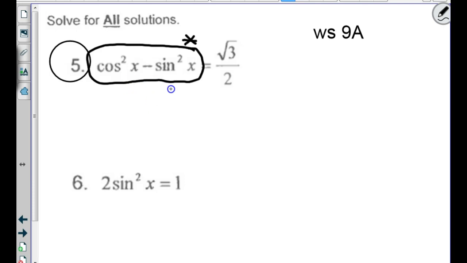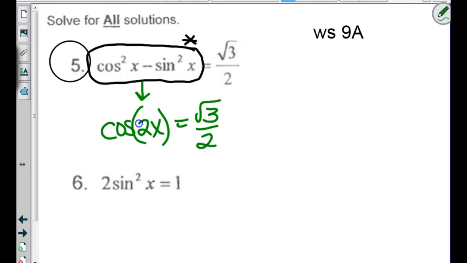Can anybody find the trade for cosine squared minus sine squared? What is it? So it's cosine of 2x, right? It's a double angle.